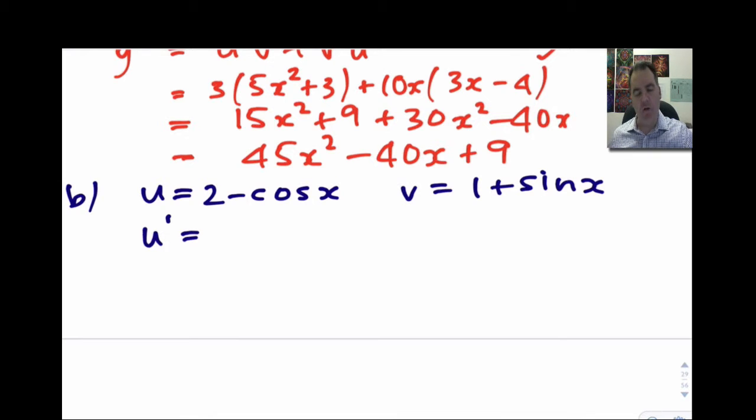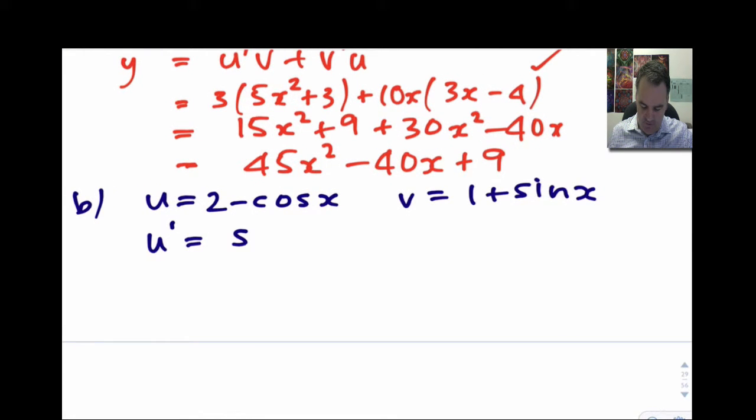The derivative of cos x is negative sin x. So the derivative of negative cos x is just sin x. Okay, so the derivative of this one here is sin x. That took a bit of getting to. And the derivative of this one here is easy. 1 plus sin x is just going to be cos x.